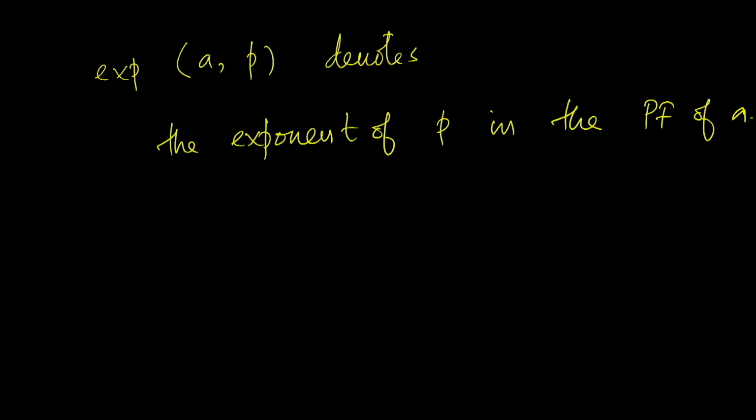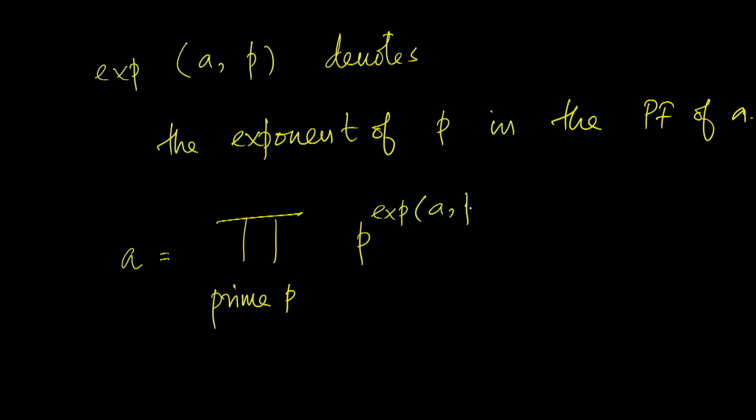Exponent of A,p is well defined. Therefore, number A can be expressed as the product over all primes p of p power x(A,p). Every integer A can be expressed as a product in this fashion.